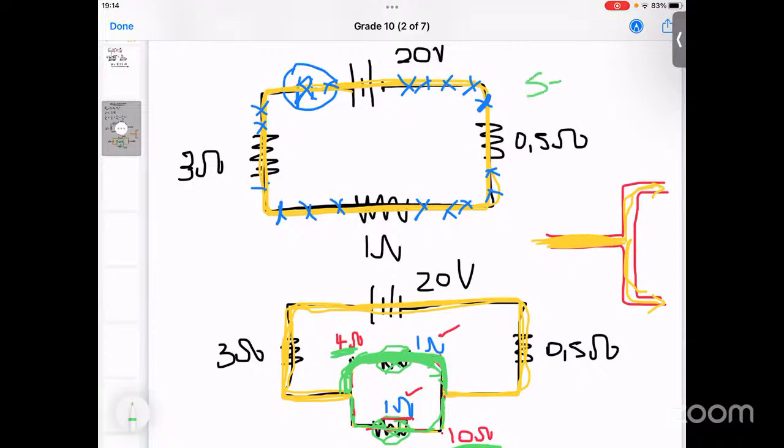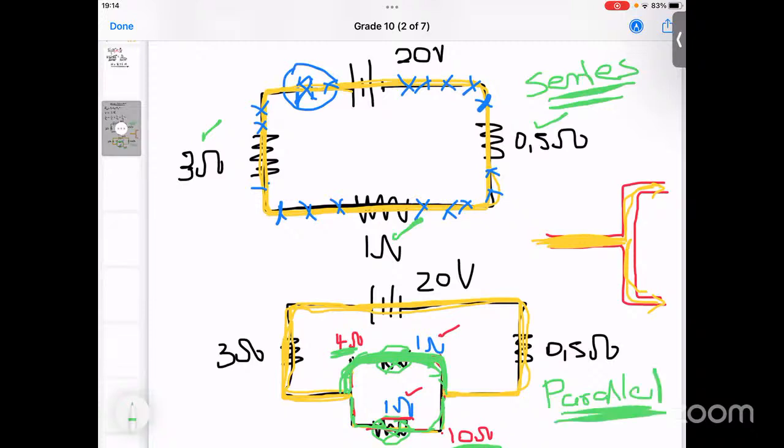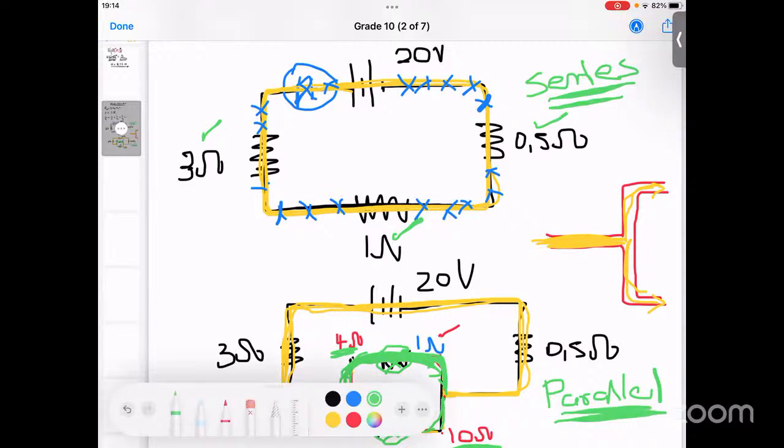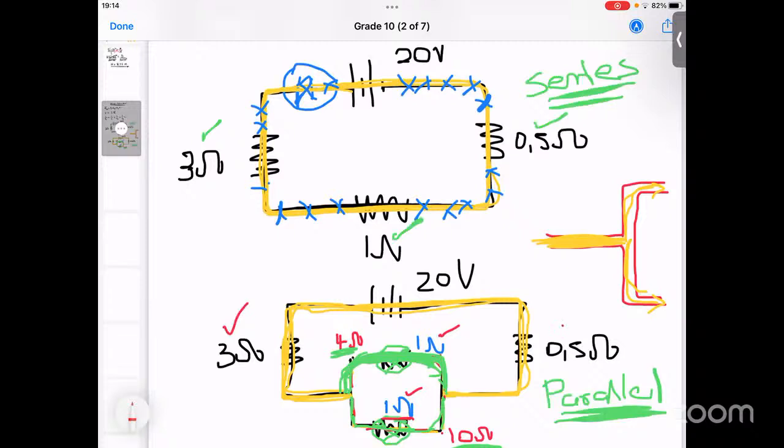The first part, they are connected in series, all of them. That one in series, that one in series, that one in series. But here we do have a parallel, even though others are connected in series. So now let's see. Which ones are connected in series? That one is connected in series, but where you have that conducting wire splitting, this is where we say that is in parallel and that is in parallel.